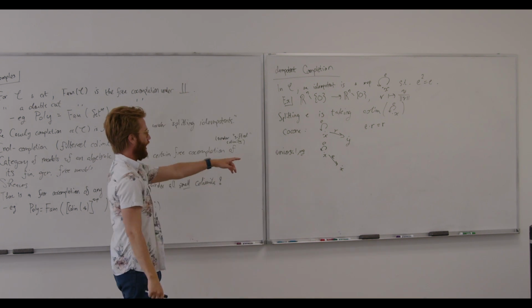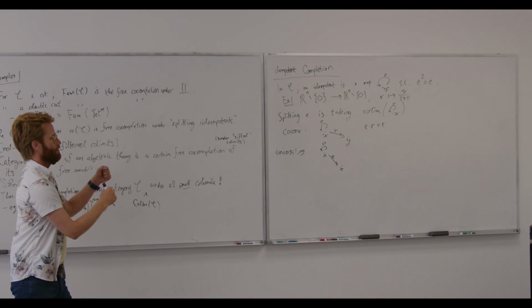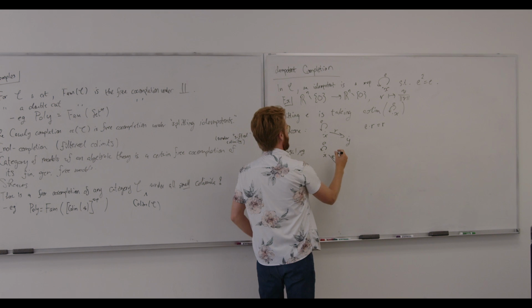So X itself is always trying to be the colimit, but probably isn't.